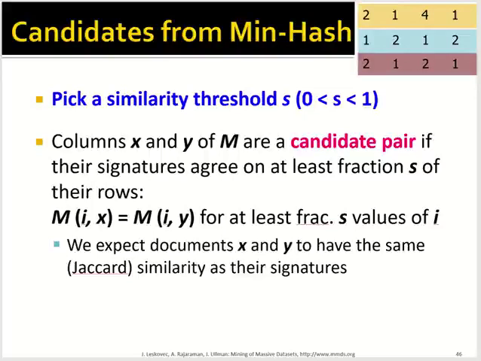We hope this will be only a small fraction of all pairs. We also hope that most of the truly similar pairs will hash to the same bucket under at least one of the hash functions; those that do not are called false negatives. We hope this will also be only a small fraction of the truly similar pairs.